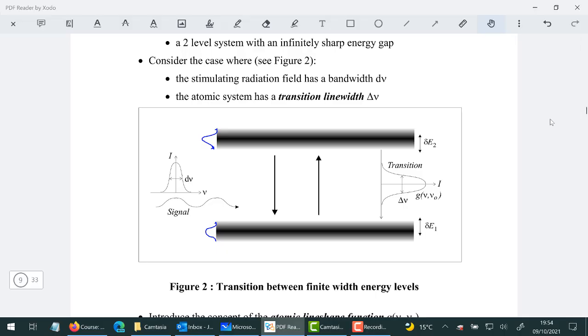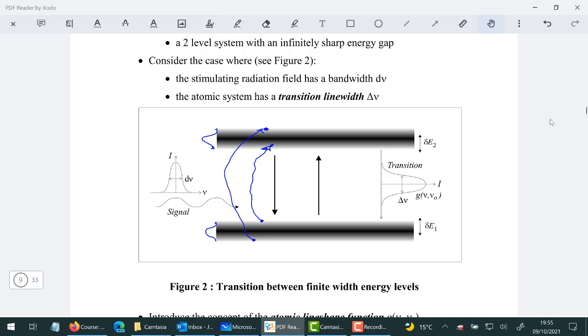It means that you can go from, for example, an atom which might be sitting with that amount of energy down at the bottom of E1, and it might make a transition up to the top of E2. Or you could have an atom sitting at the top of E1, making a transition up to the bottom of E2. So these will have different energies because the gap obviously is different.